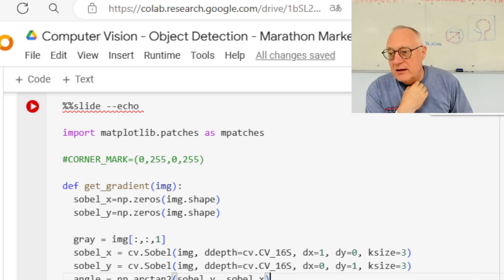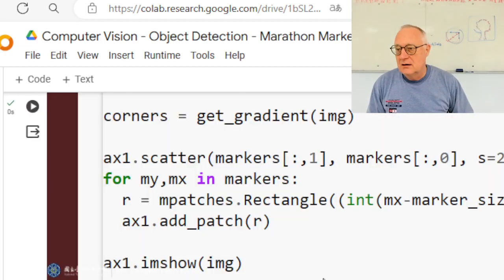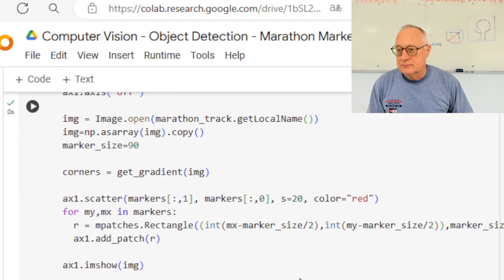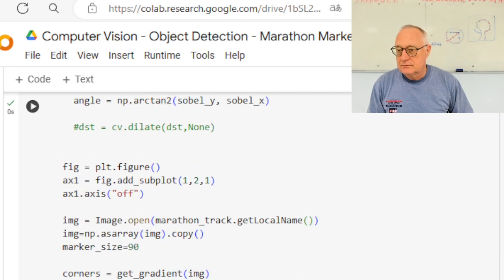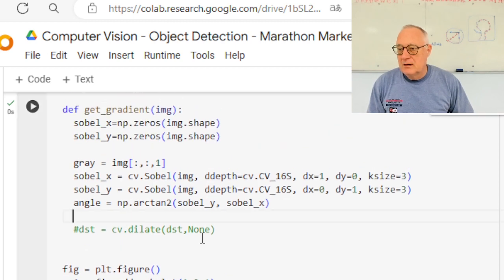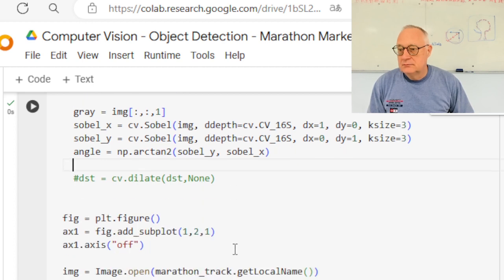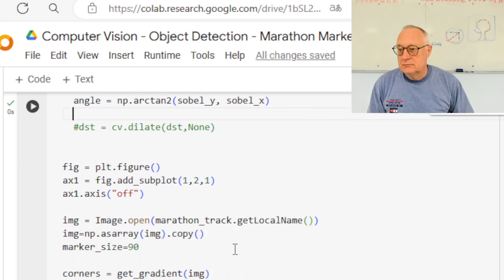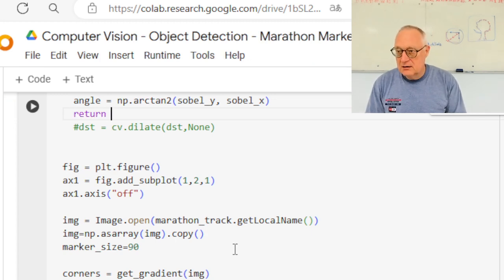Now I want to color that angle somehow. Right. Actually, let me make sure I get the angle. Yeah. And oh, I just return that and plot it.